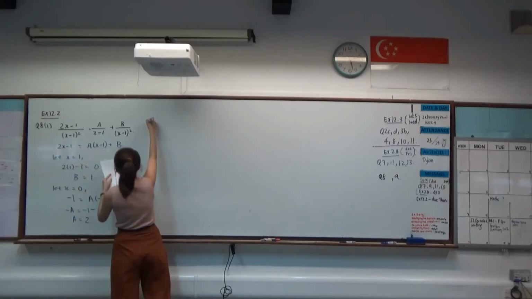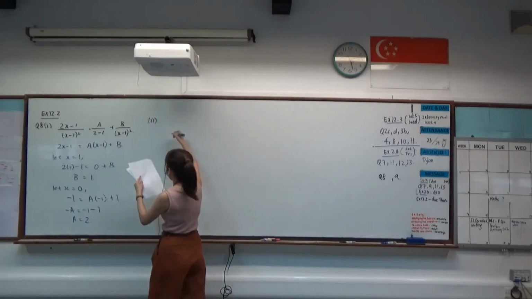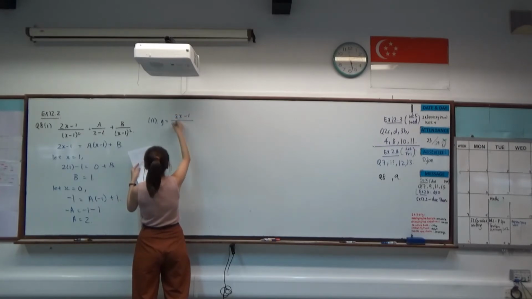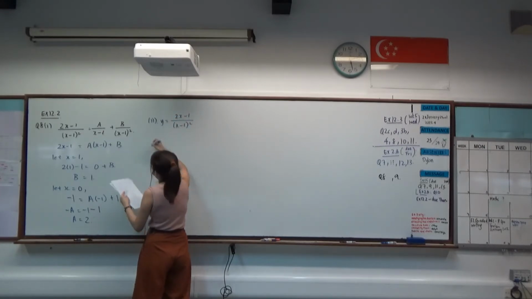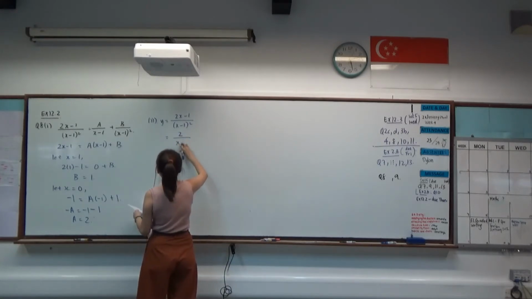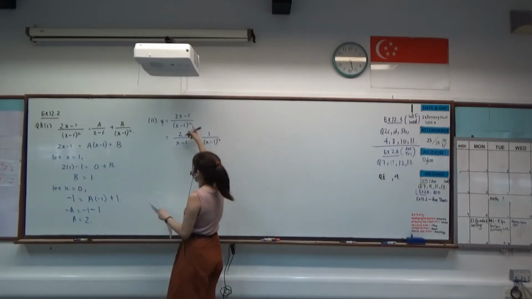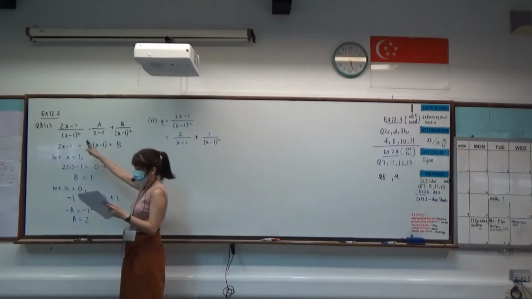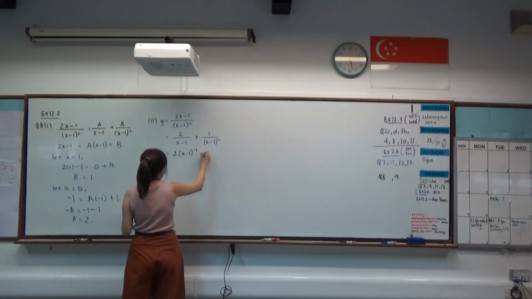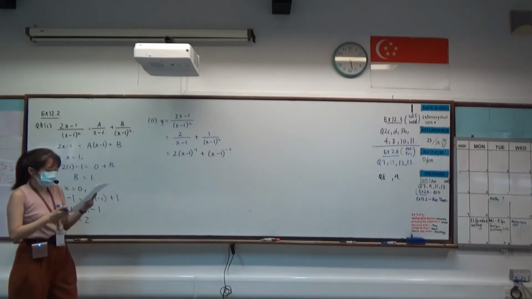Then in part 2, it asks you to make use of this and do the differentiation. So we let y be equal to this, which is actually equal to 2 over x minus 1 plus 1 over x minus 1 squared. So your equivalence over here, which is 2 times x minus 1 to the power negative 1 plus x minus 1 to the power negative 2.